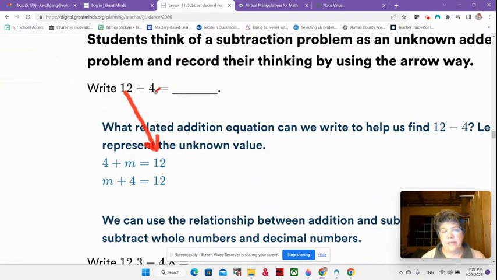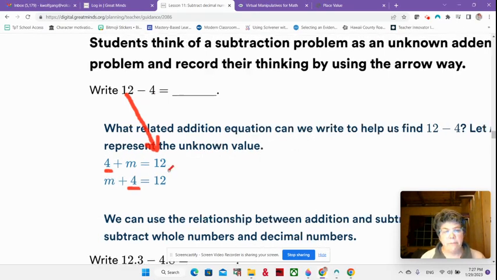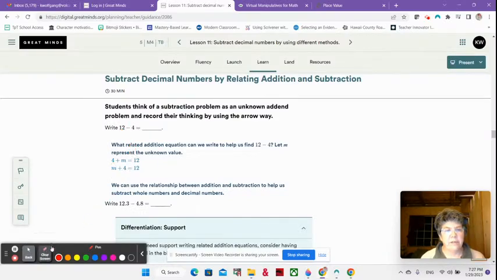And then the second number could be either in the first position or the second position. And remember that you can use any letter to represent the unknown, right? That's the number we don't know. So 12 minus 4 is the same as 4 plus something equals 12, or something plus 4 equals 12.